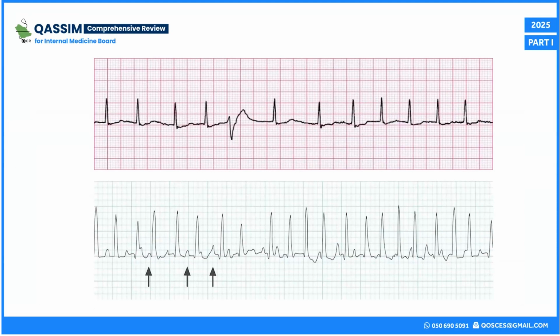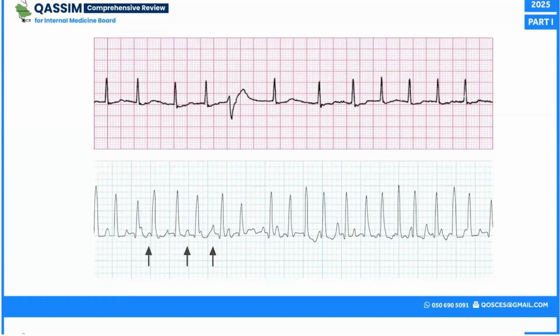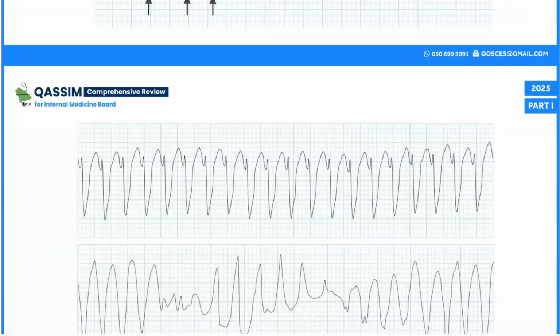So this might indicate a multifocal atrial tachycardia. And these are wide complex regular tachycardias. As we said, these are your VTach, your AFib with aberrancy, and this irregular polymorphic rhythm does indicate torsades de pointes or ventricular fibrillation.